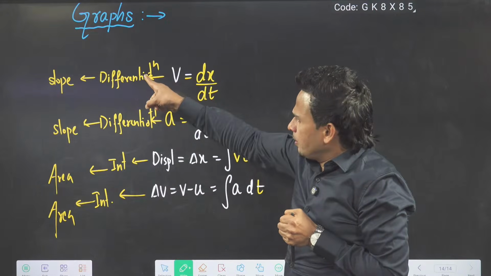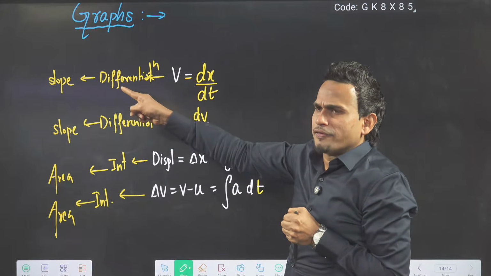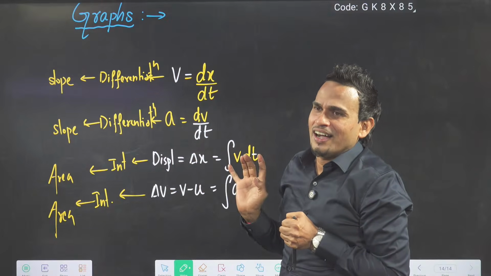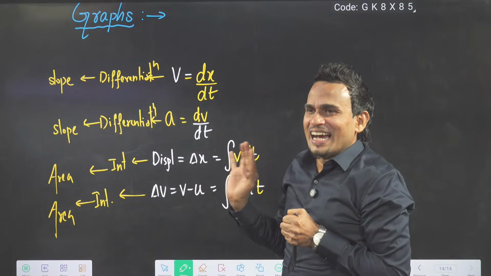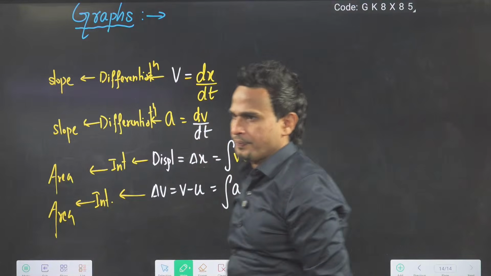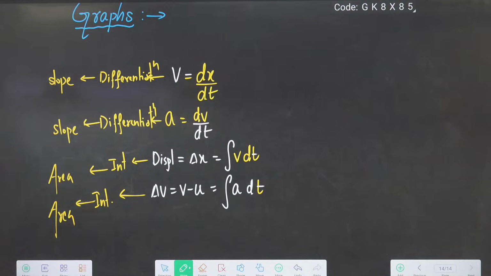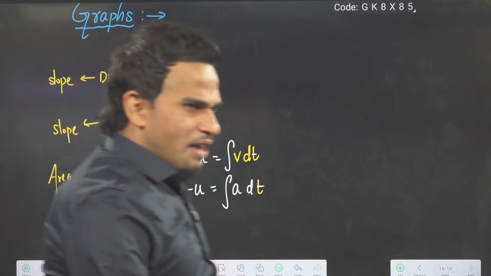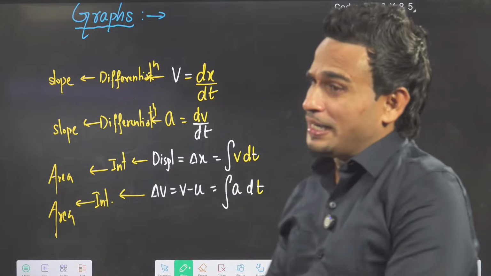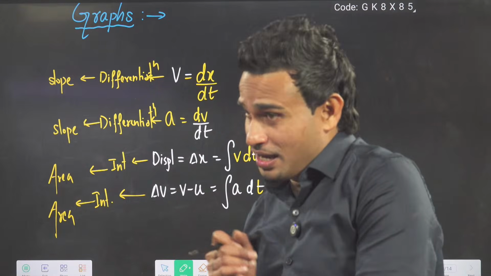velocity? Reason is this. Graphically differentiation represents slope, integration represents area. Are you getting the idea? Then you can write 4 points which we'll get from here. That's why we remember that slope of displacement time graph is velocity.